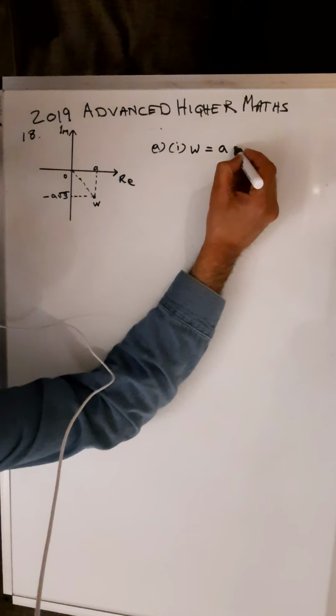W squared would be a squared plus minus a root 3 all squared, which is a squared plus 3a squared, which is 4a squared, which means that the modulus is equal to 2a. So the modulus of W is 2a.